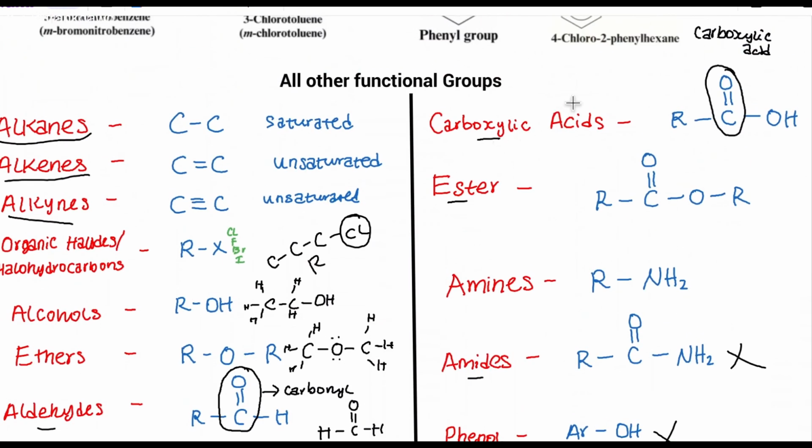And carboxylic acid, like I said, it's similar to alcohol. That's how I remember it, but it has a carbonyl group. It's like an alcohol with a carbonyl group. Then ester, like I said, also has a carbonyl group over here. And then the difference, it's different from ketones because it has an extra O here.